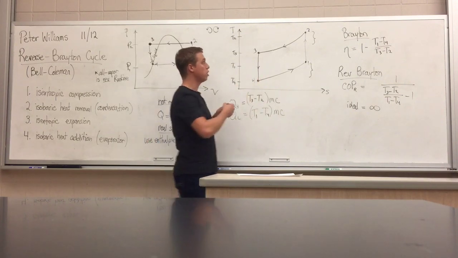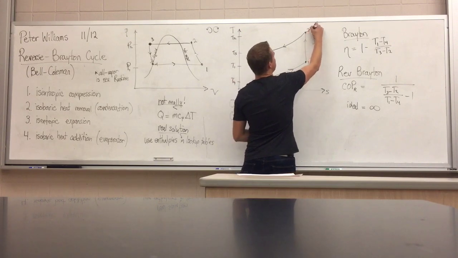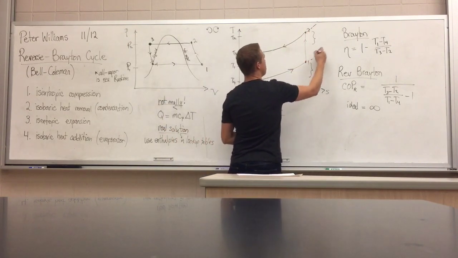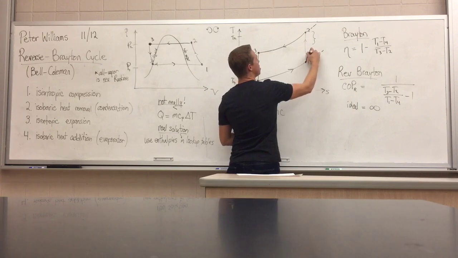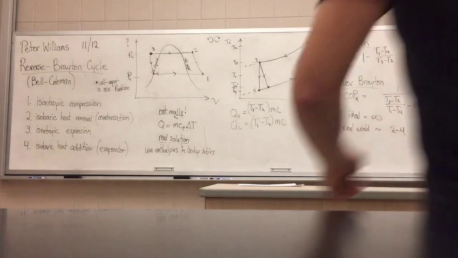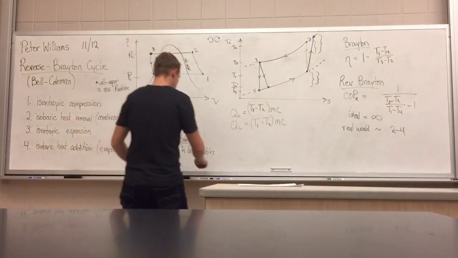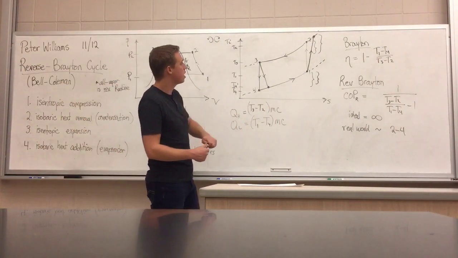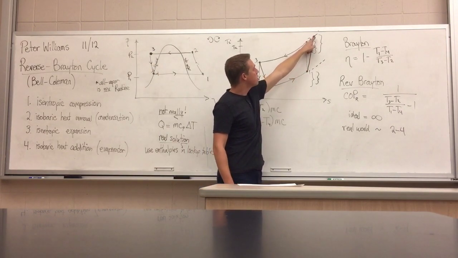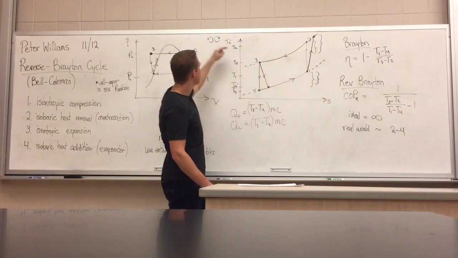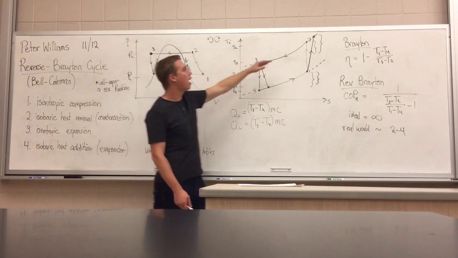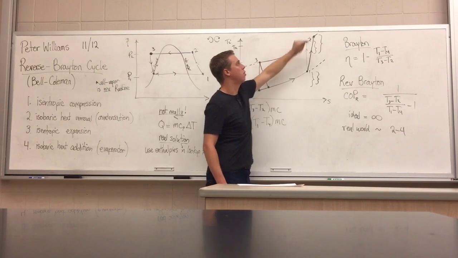But in the real world, what we could have, let me extend these curves a little bit, is starting here, we get skewed off this main path, and we intercept this curve at a higher point. So there's this T2 prime, or this imperfect higher temperature that we go up to over here.